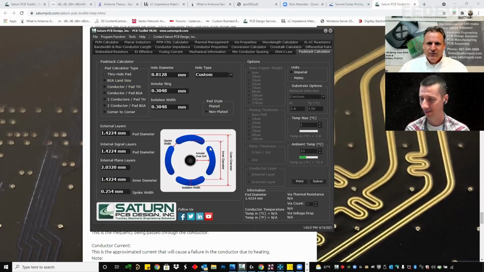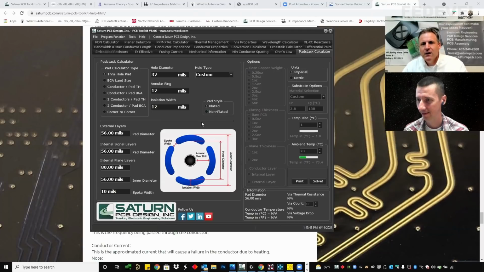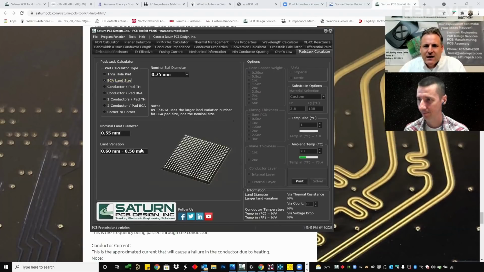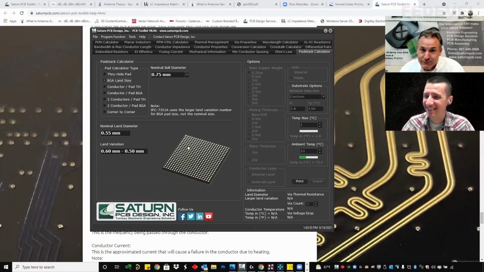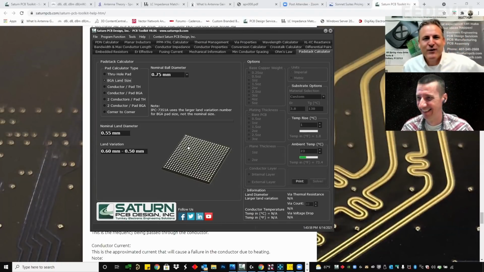Padstack calculators. Through-hole pad spoke width, in all honesty, this is just a guideline. You don't have to follow this. BGA land size is something that does come from the IPC, the nominal ball diameter. I didn't know you have this. I always search for application notes, and I should start advertising more.